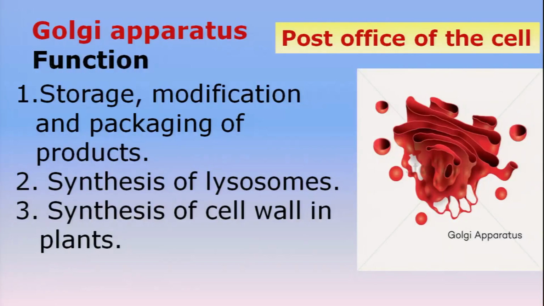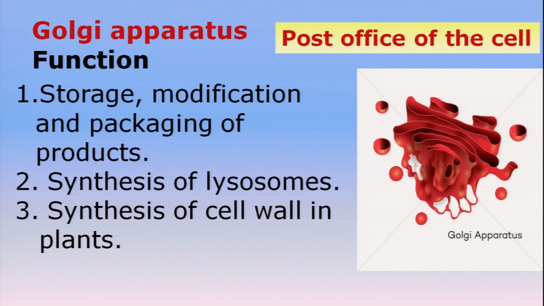It receives these molecules, modifies them and turns them into functional forms which can be used for different purposes, and then packages them in vesicles and sends them to different locations of the cell. What are these locations? These locations are lysosomes, plasma membrane, cell wall and extracellular fluid.